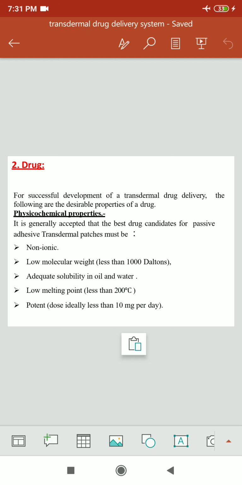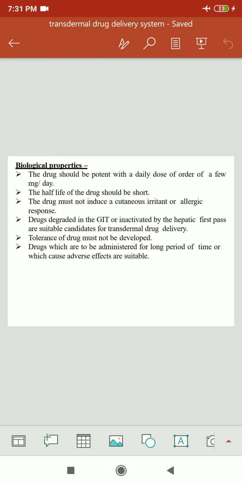Next is low melting point. Potent drugs are used. As a biological property, the drug should be potent with a low daily dose. The half-life of the drug should be short. The drug must not induce cutaneous irritation, so there are no allergic responses.